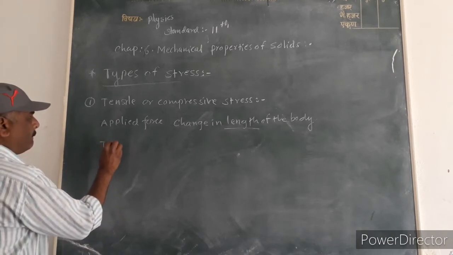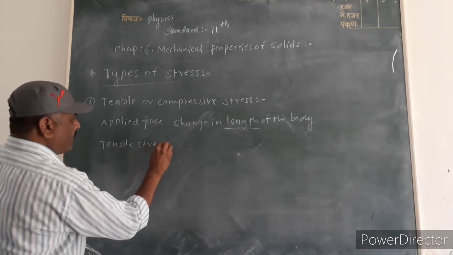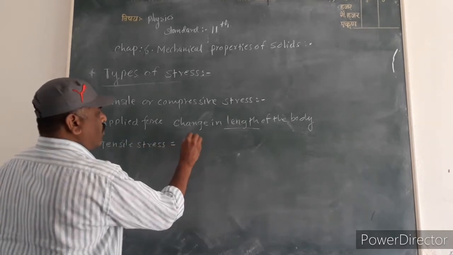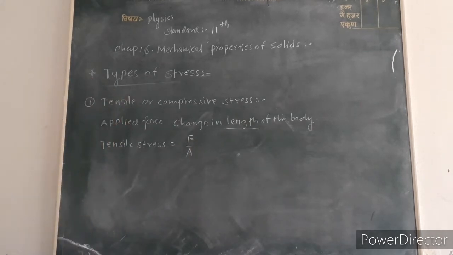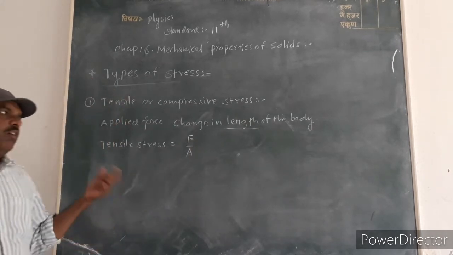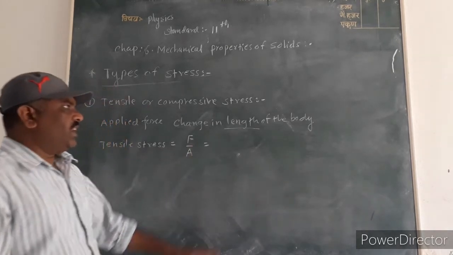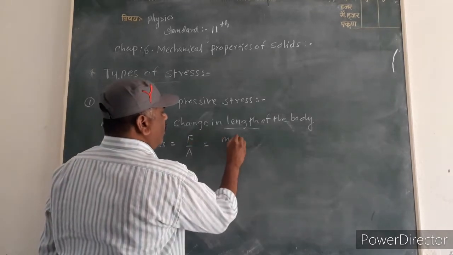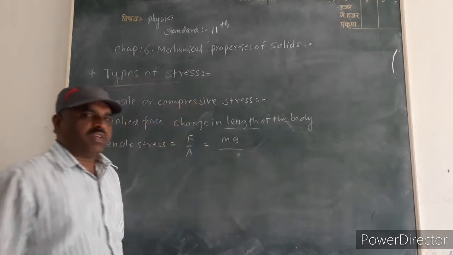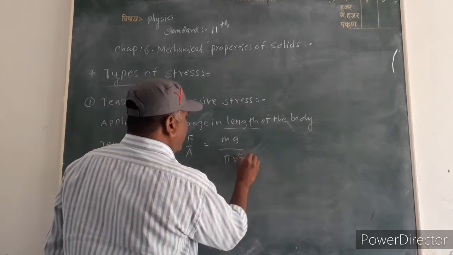Therefore, tensile stress is equal to force per unit area. This is the formula of tensile stress. In tensile stress, there is a change in length, hence the applied force is in the form of mass into gravity, and area is nothing but pi r square.